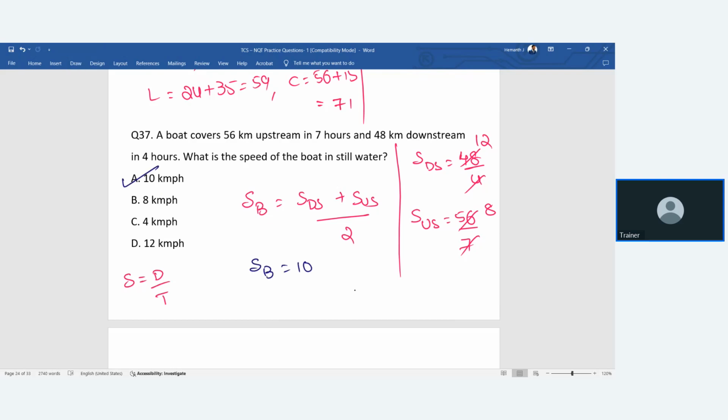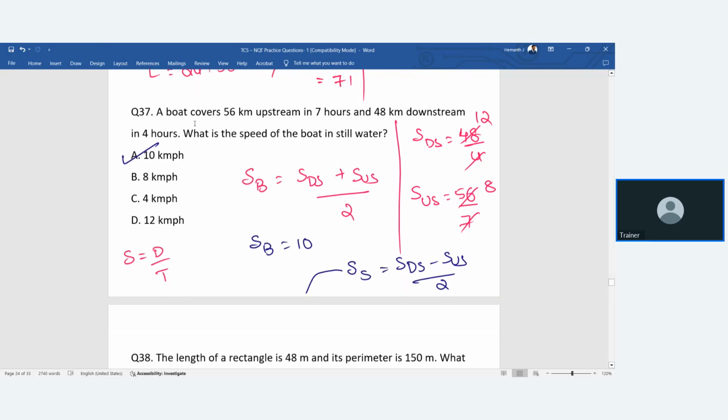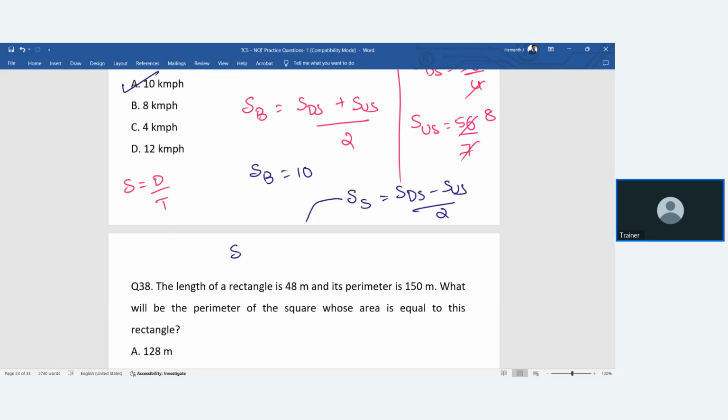If they ask speed of stream, we have to subtract and divide by 2, my dear friend. What is SS? SS is nothing but speed of water or speed of stream. General terms are speed of stream or current or speed of river or water flow.